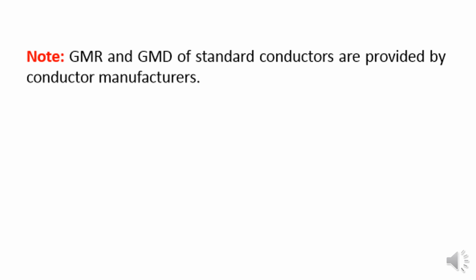What we have to do is just substitute into those equations. If you were not given GMR and GMD, first you have to find GMD, then find GMR of the conductors, then substitute into the equations given to you. So next, take the question and try to calculate it by yourself until you get the final inductance.